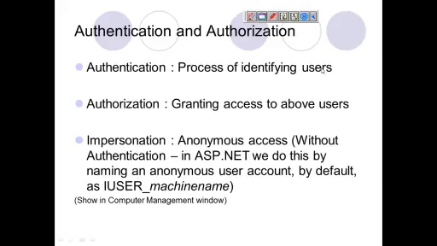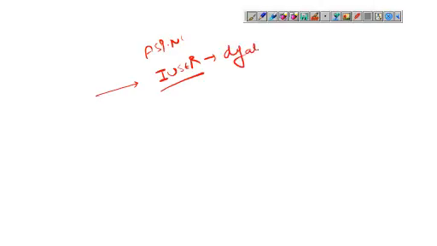Is it clear, guys? Getting it? Can you repeat that impersonation alone? Impersonation is anonymous access. Anyone can access the application. Basically there is no authentication mechanism, but anyone can access. So by default, ASP.NET will understand whoever is accessing is IUSR. This is the default identity.